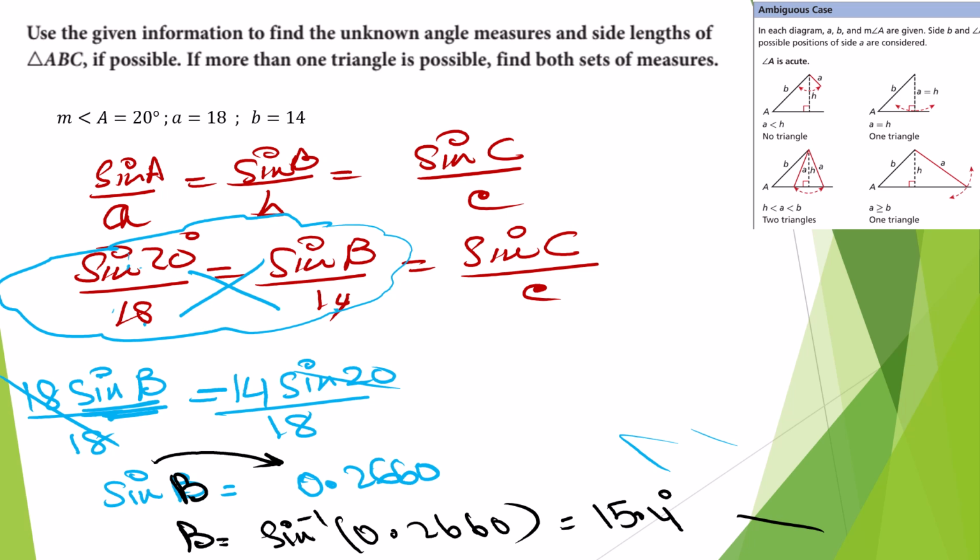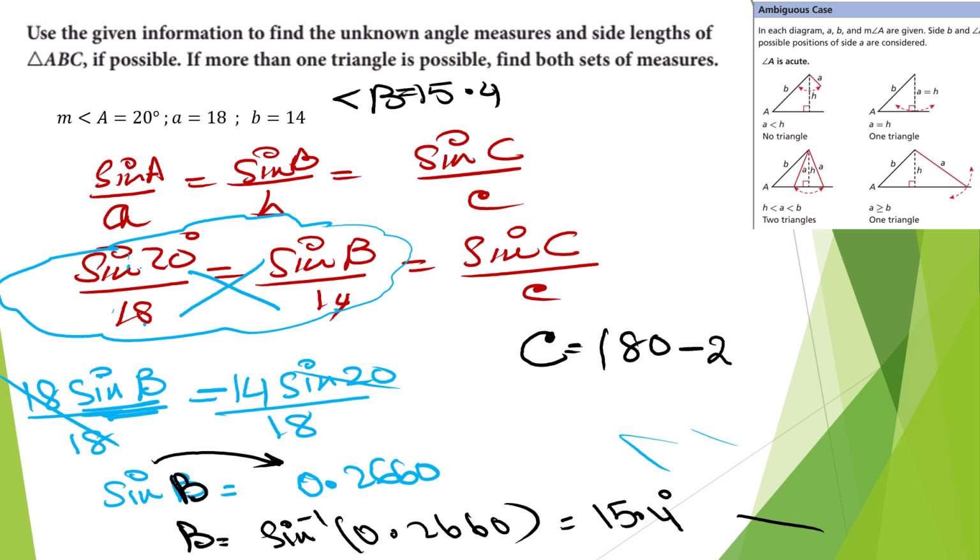Okay, now I want to find out the other set of the triangle. I want to find out both sets of measures of the triangles. So to find out the C, two angles are given: 20 is given and angle B is also given, that is 15.4. So to find the next angle, I subtract both angles from 180 degrees.